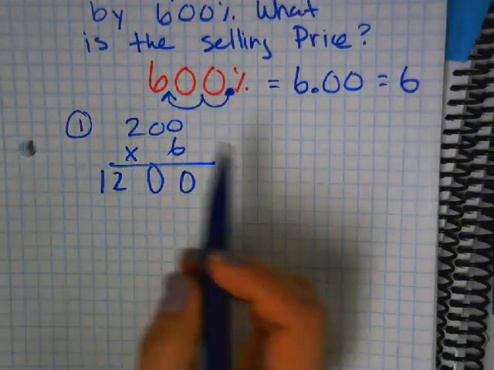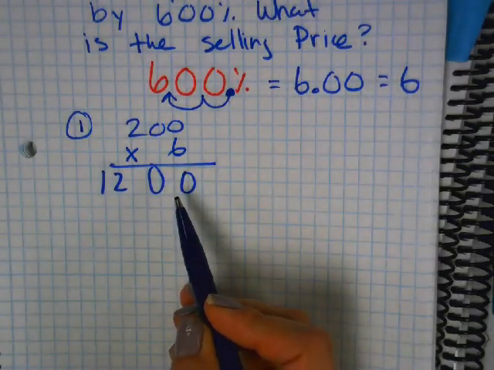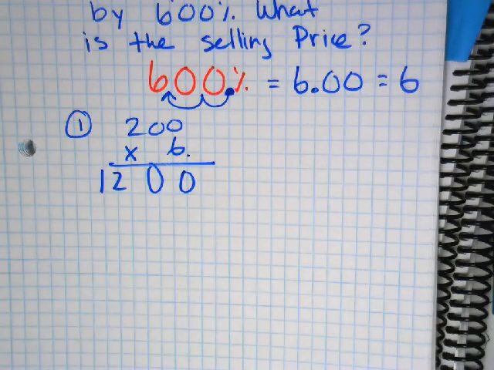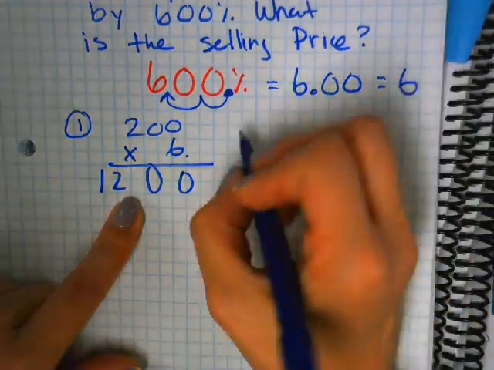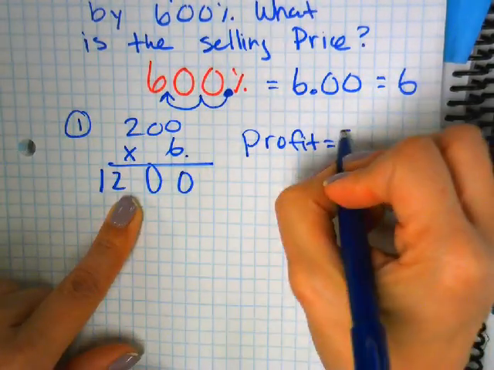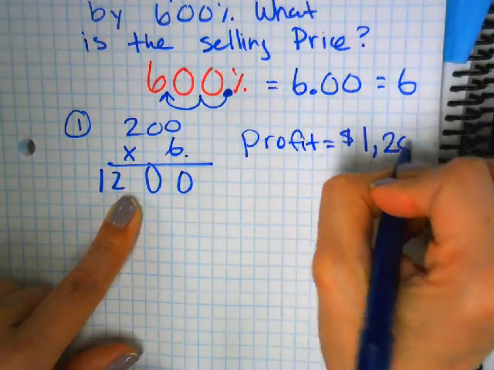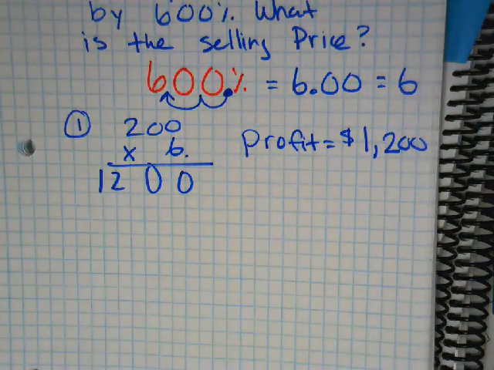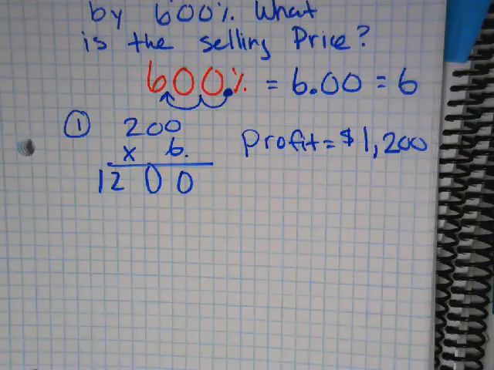Is there a decimal to be moved? No, because it's right there. Did I multiply? No. So what does this number mean? This number means your profit. Apple is going to make $1,200 profit just on this phone.